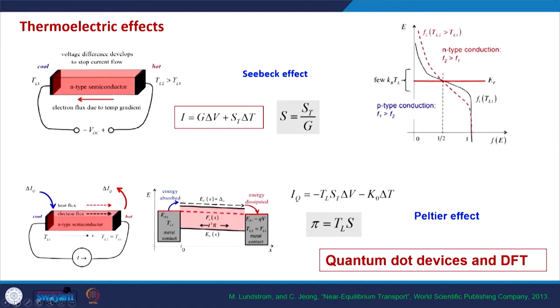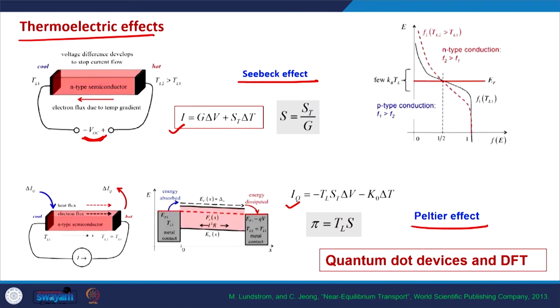Then we discussed the thermoelectric effects, prominently two effects. One is the Seebeck effect and the second is the Peltier effect. We discussed the notion of charge current and heat current. The Seebeck effect essentially relates to the development of voltage across a semiconductor because of a temperature difference.